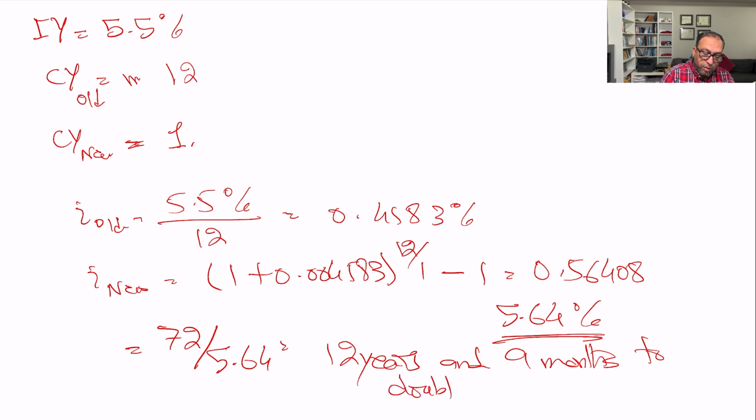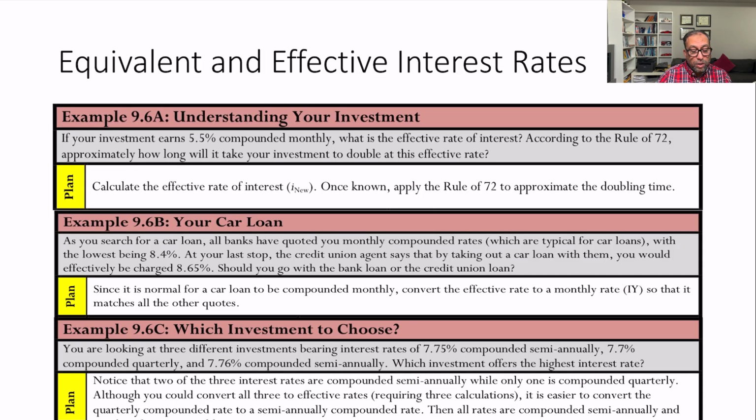So the rule of 72 says that 72 divided by the interest rate gives the time to double the investment. So in 12 years, the investment is going to be double.